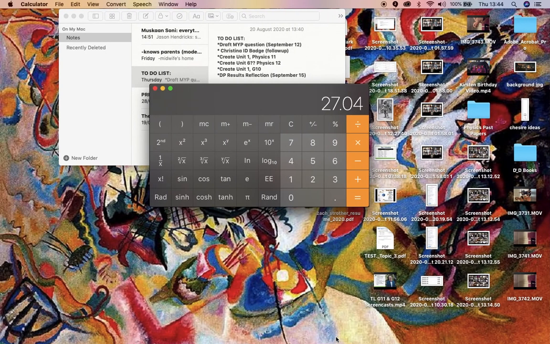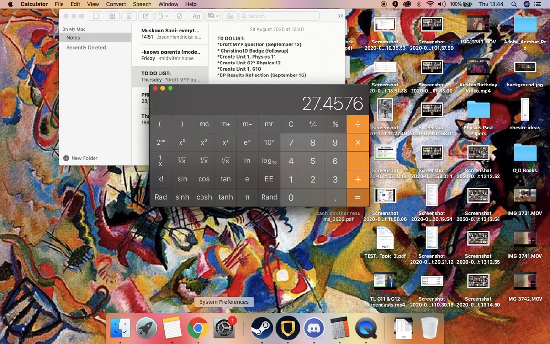If the number was actually 5.16, for instance, then my answer might not be 27.04, it might be 26.6. If my number was actually 5.24, then my answer could be 27.45.